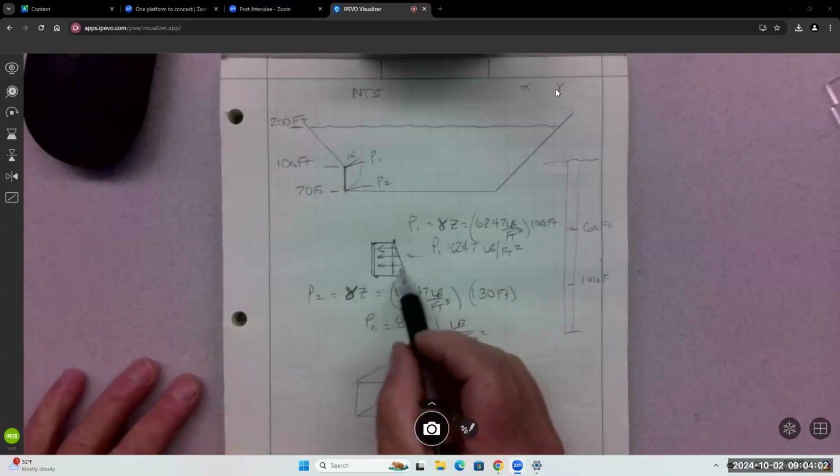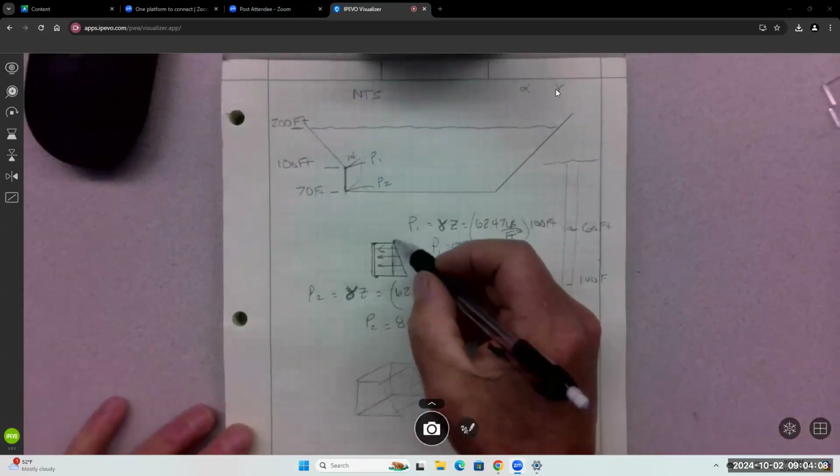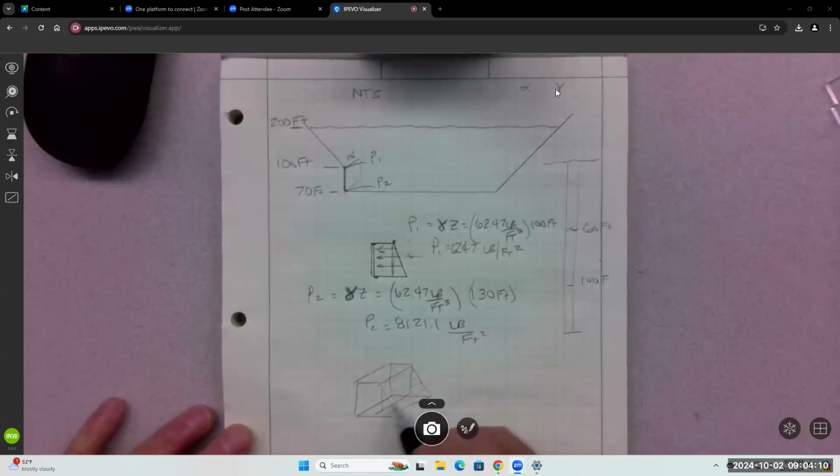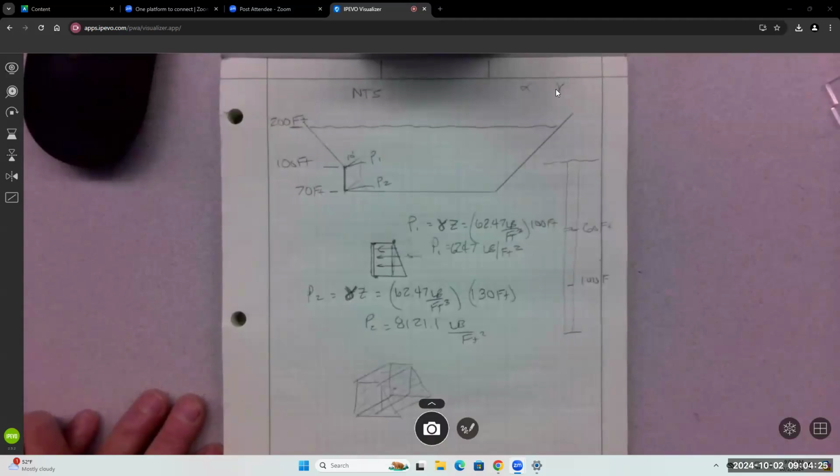So this is the way to do it without looking up any extra formulas for trapezoids or whatever, right? Is to break it into shapes. You have a rectangle that all of us can find the volume of. The issue is, where's the hydrostatic force of the rectangle? Well, it's in the direct center of that rectangle, right?